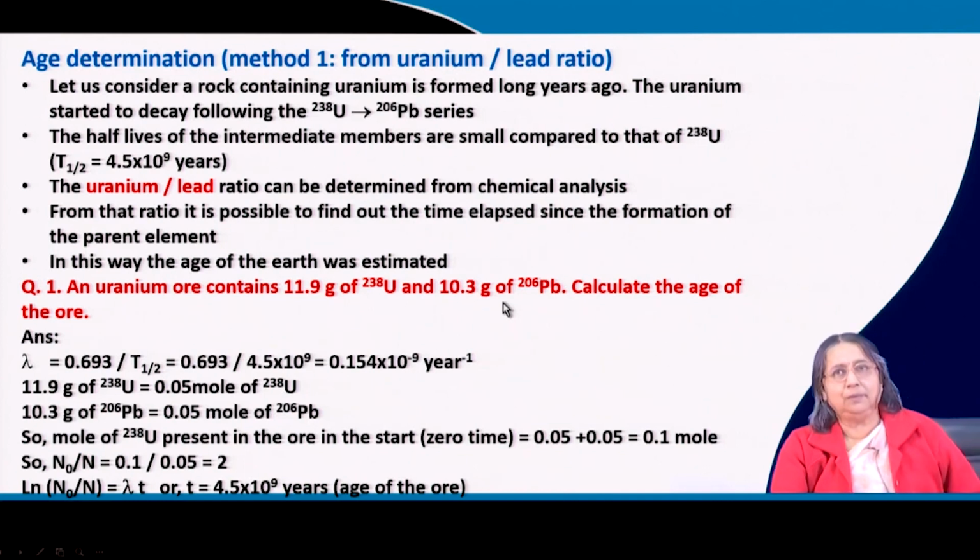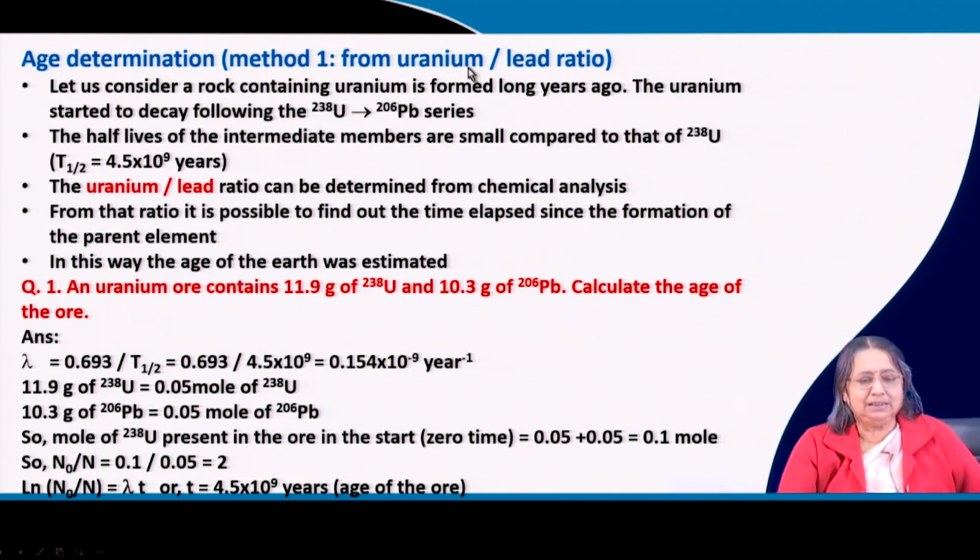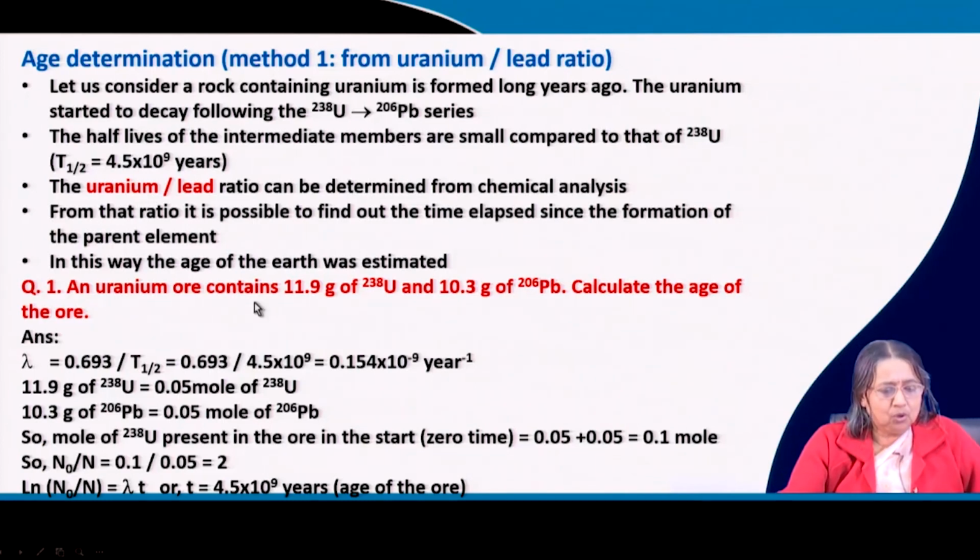Now, let us do one problem on this topic, using the uranium lead ratio. An uranium ore contains 11.9 gram of uranium 238 and 10.3 gram of lead 206. Calculate the age of the ore. So, what are they supplying?